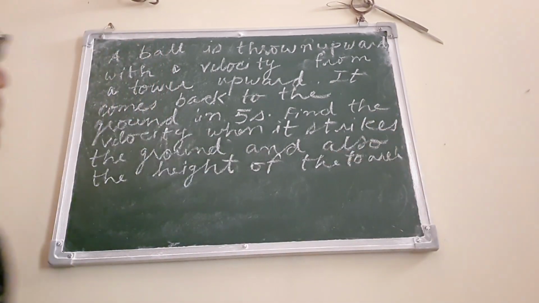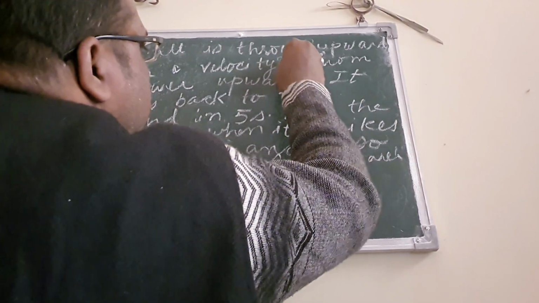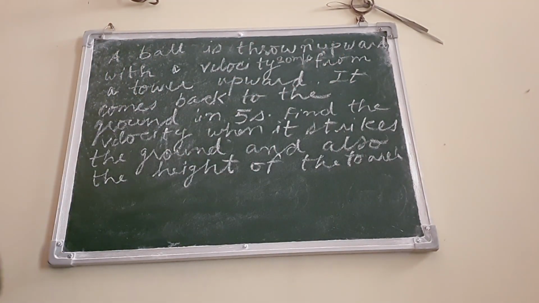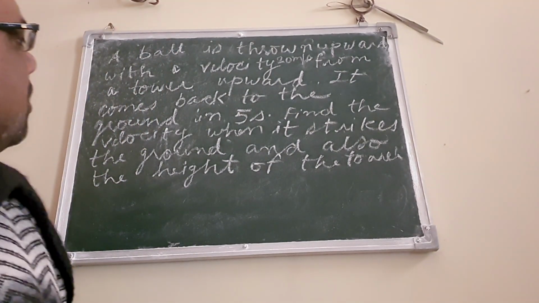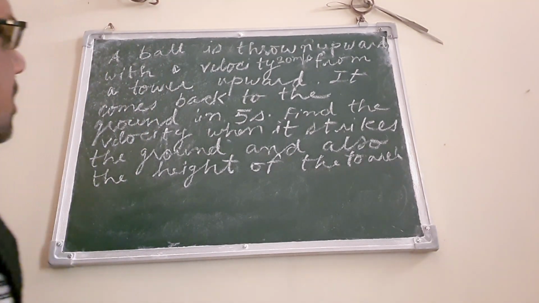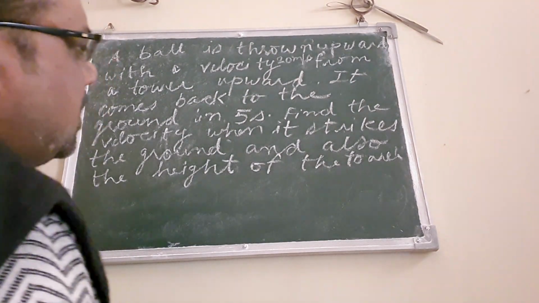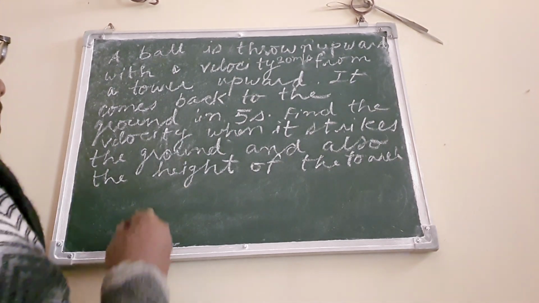So this is our question. There is a ball which is thrown upward with a velocity, and the velocity is 20 meters per second from a tower upward. It comes back to the ground in 5 seconds. Find the velocity when it strikes the ground and also the height of the tower.